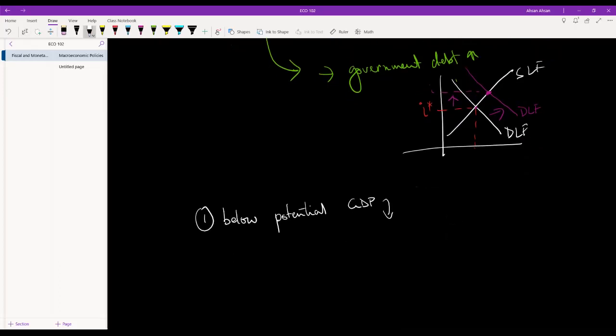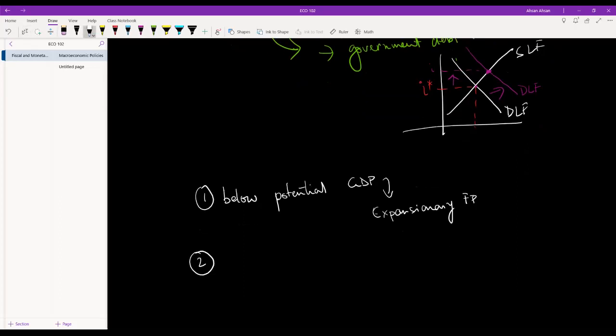As a result, what the government has decided to do is to undertake expansionary fiscal policy to increase GDP. Expansionary fiscal policy means the government is either going to increase their expenditure or they're going to lower tax. In this particular example, government has decided to increase their expenditure. Okay.